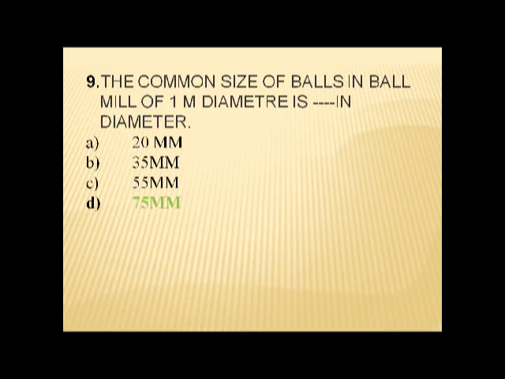The options are 20 millimeter, 35 millimeter, 55 mm and 75 mm. And the correct answer is 75 mm. The balls present in that mill are of 75 millimeter diameter.